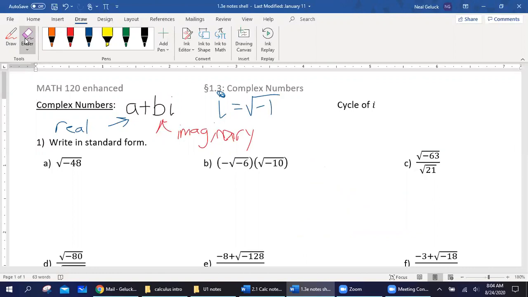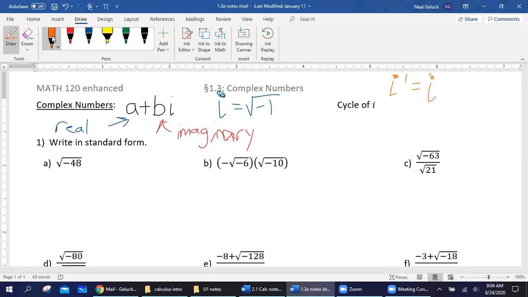Now, what's interesting about i is that it actually has a cycle to it when we raise it to higher and higher powers, which we don't really see in the real numbers. And this cycle goes every 4. i to the first is just i. Nothing crazy there.